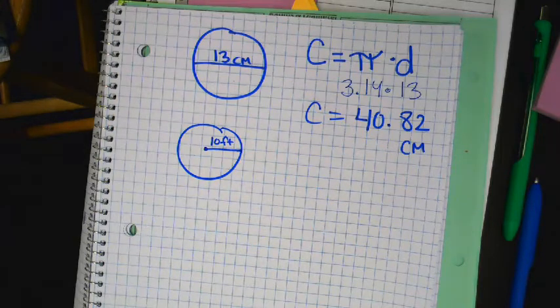Can I use the 10? No. What number do I need? 20. Very good, because the short line is 10, but I need the long line. So 10 and 10, 20. So use 20. It's there to trick you. Did I trick you? No.